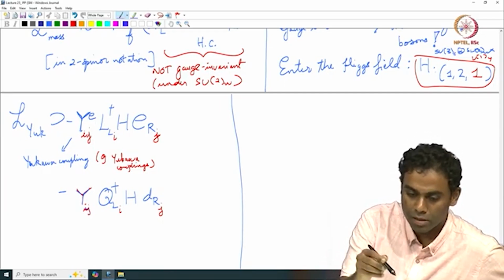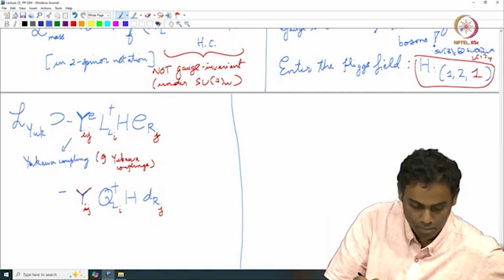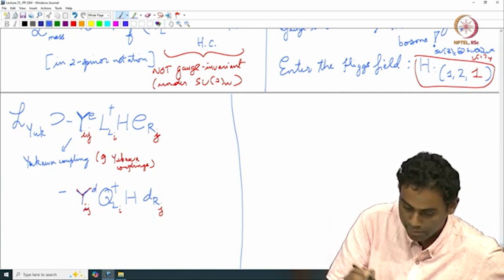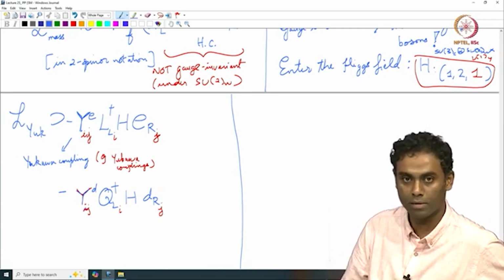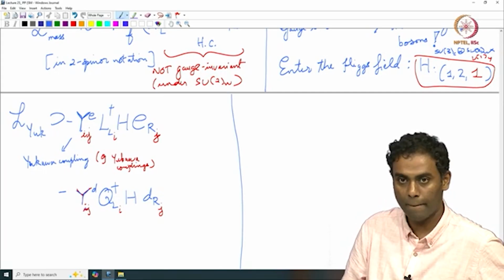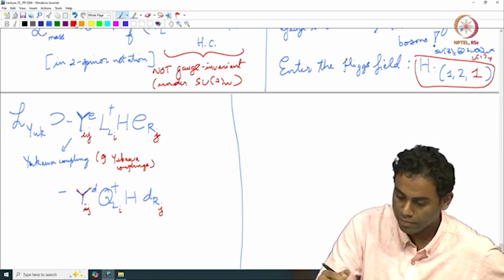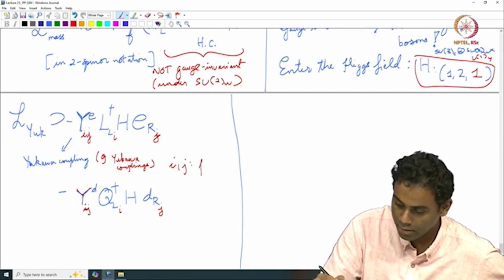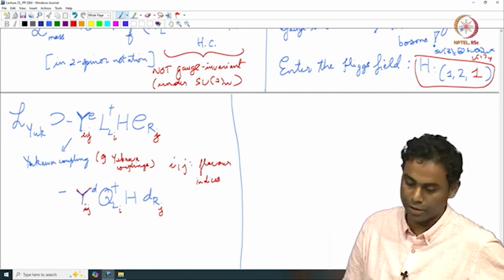But now, since this is unique to the quarks, I might as well call this Yd, because only the D quark has come along for a ride here, right? Okay, excellent. So, let me just be very clear, the I and J are flavor indices. Very good.